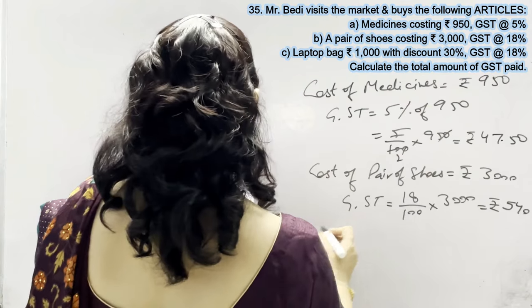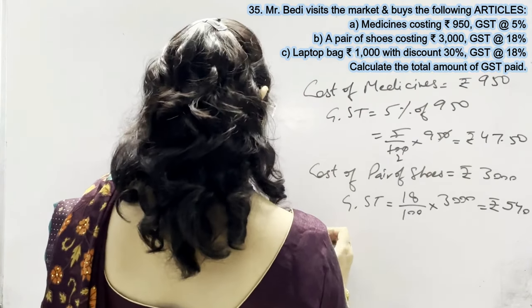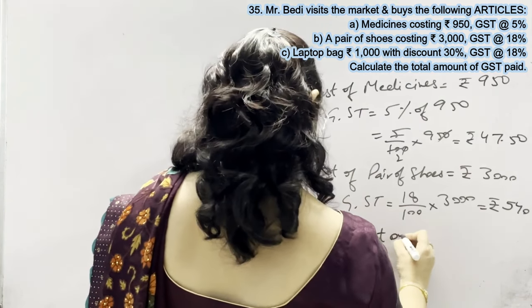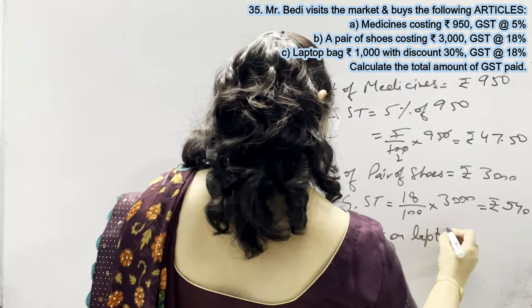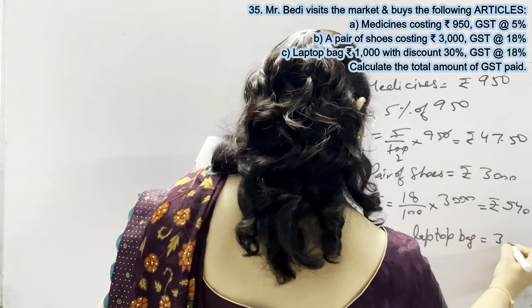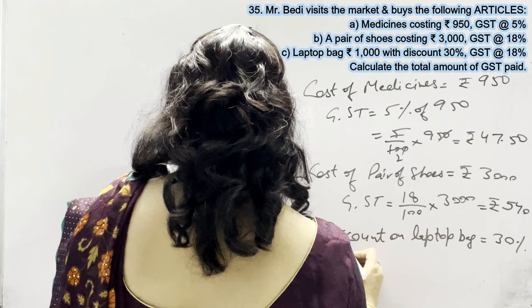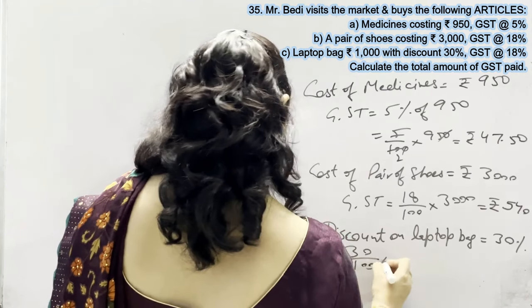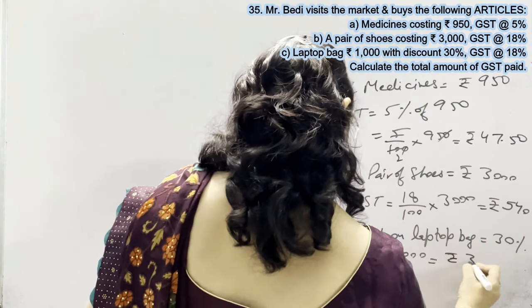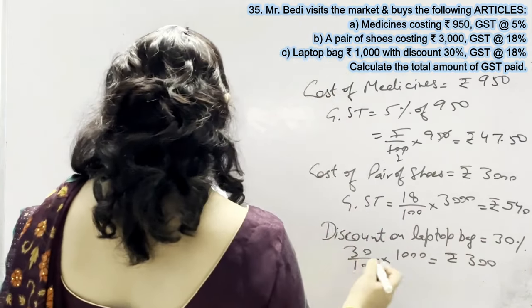Then third part is discount on laptop bag. So discount here on laptop bag is 30%. So 30% of value given as 1000. So rupees 300 is the discount given.